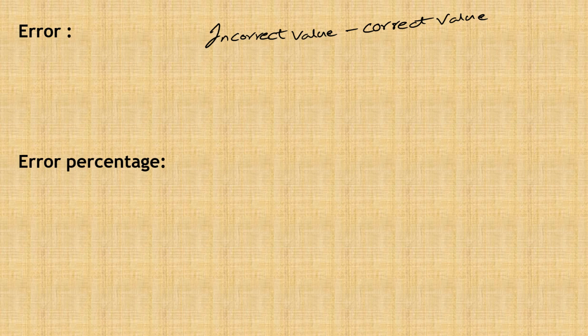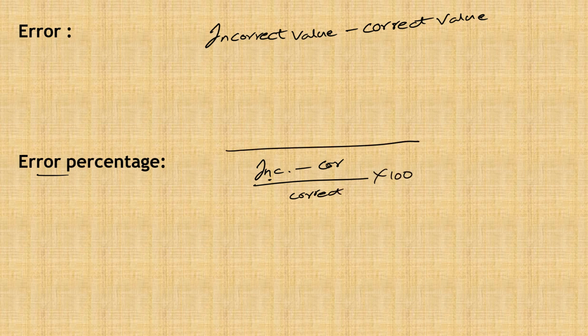And what we have seen, error percentage is incorrect value minus correct value divided by the original value, that is correct value, into 100. This is the formula of error percentage we will be using in the next questions.